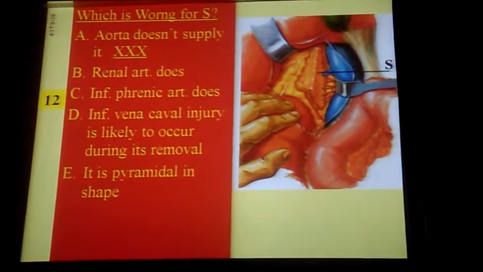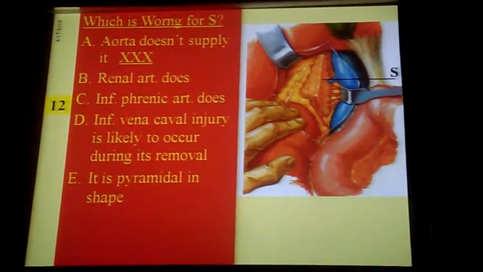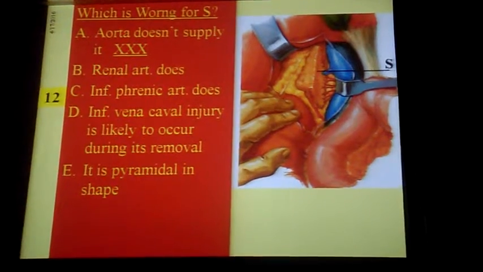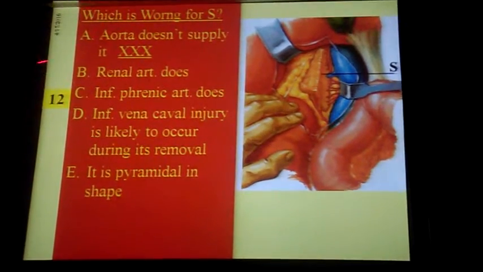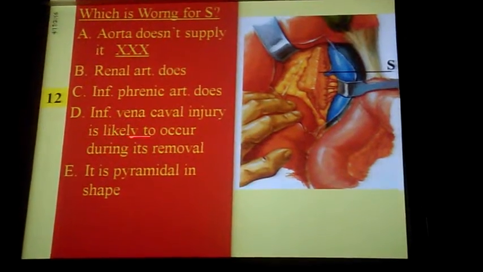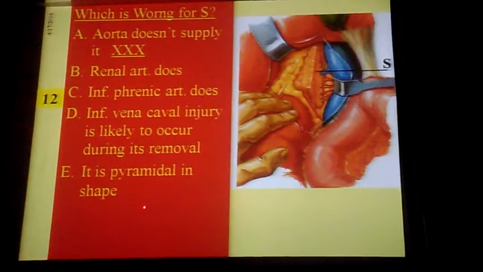So this is the cause. It drains into the inferior vena cava. The stem is quite short and the gland is close to the inferior vena cava. Vena caval injury is quite likely to occur.